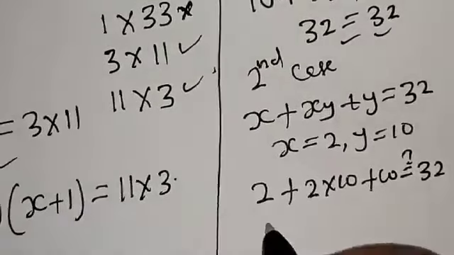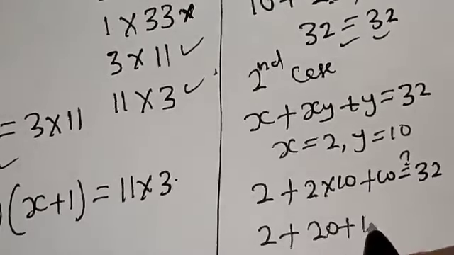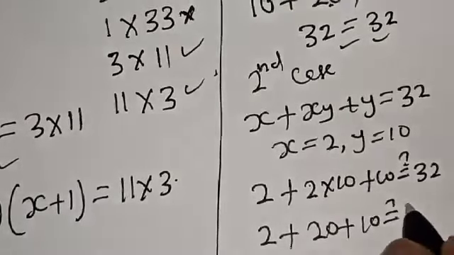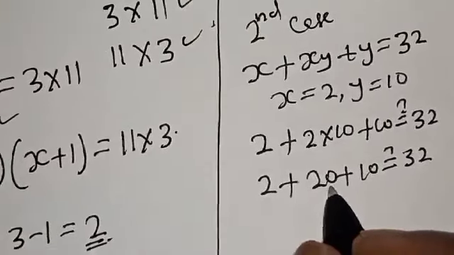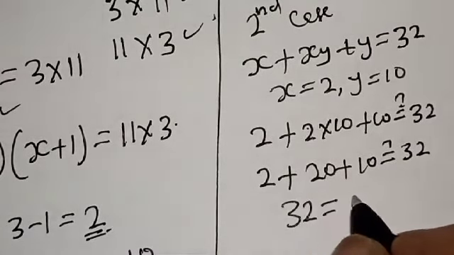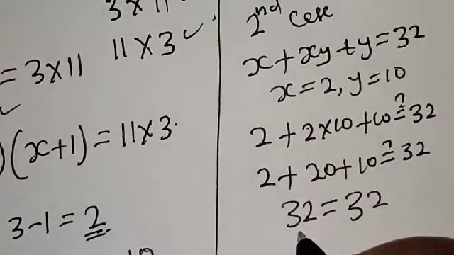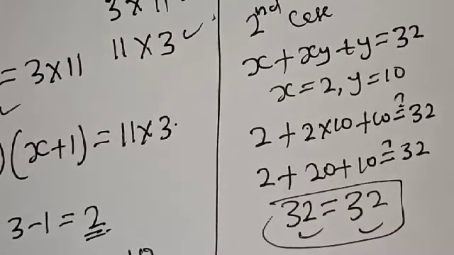Then this is 2 plus 2 times 10, 20, plus 10 must be equal to what? 32. Now this is 2 plus 20 plus 10, that is 32, is equal to what? 32. Meaning that the left-hand side is equal to the right-hand side, which satisfies the given equation.